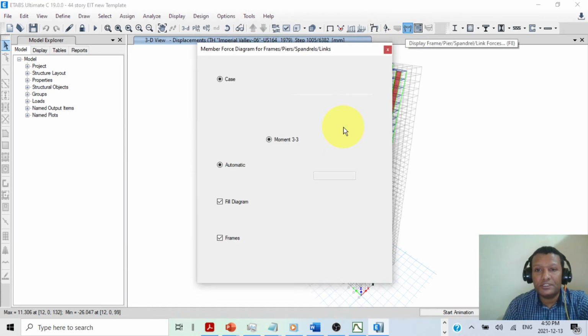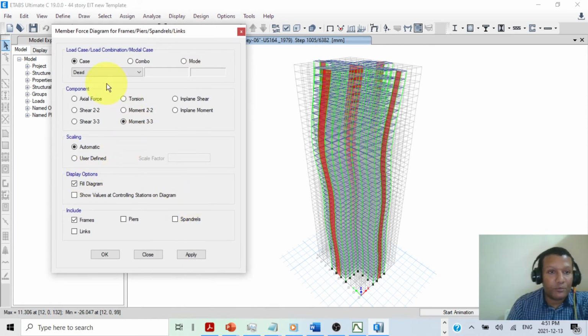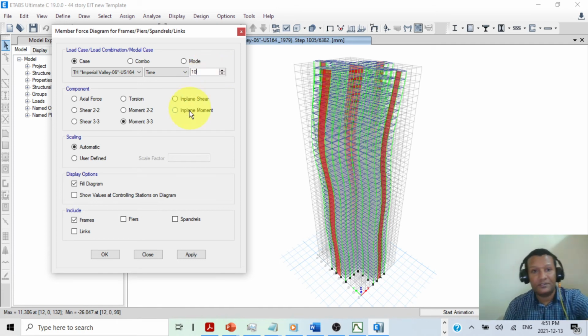And if you want to see the responses also, for example, the moment for Lander's earthquake, for example in the 10th minute, what was the moment?